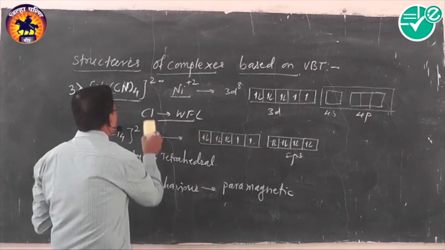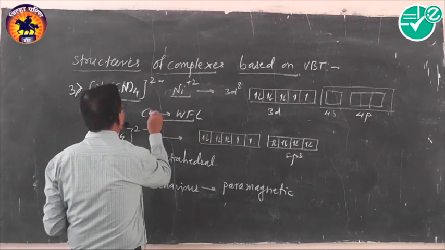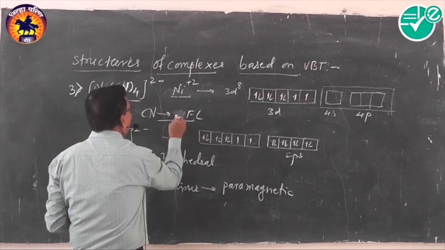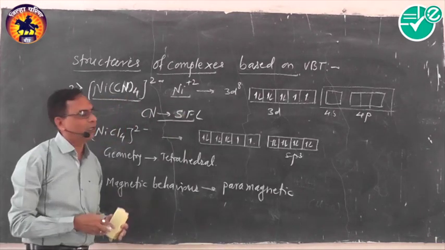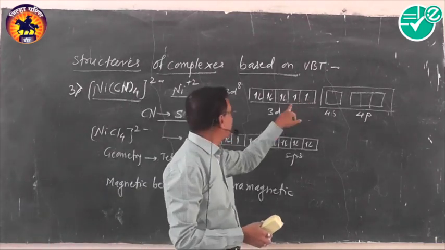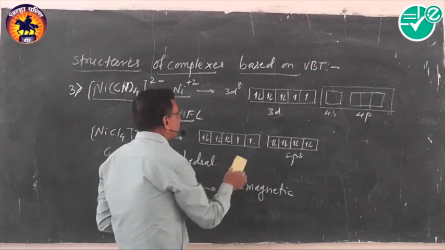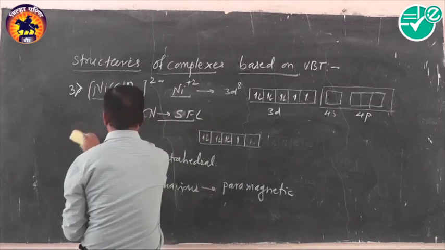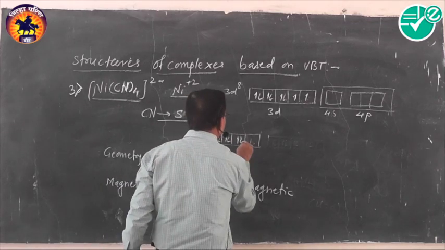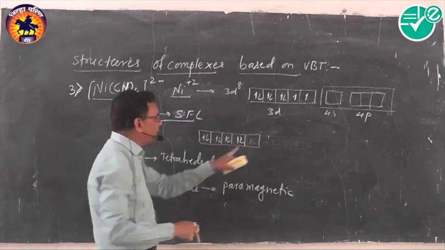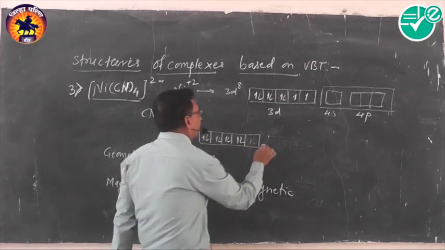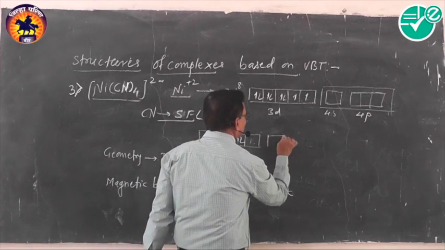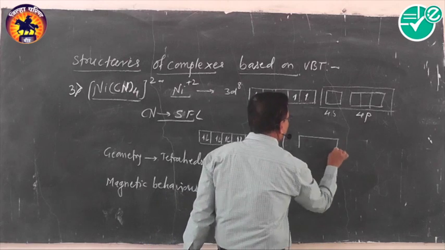But this CN is a strong field ligand, and if the ligand is strong field, it causes pairing of the electrons. So in this case, pairing of electrons takes place, and the electronic configuration becomes, it makes this d orbital vacant, this 4s, and it is a 4p.